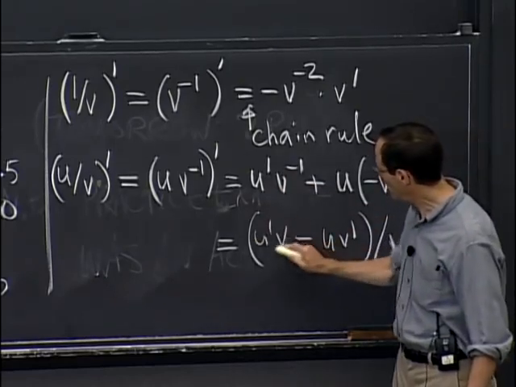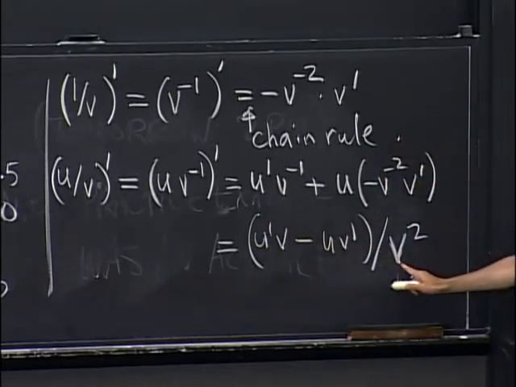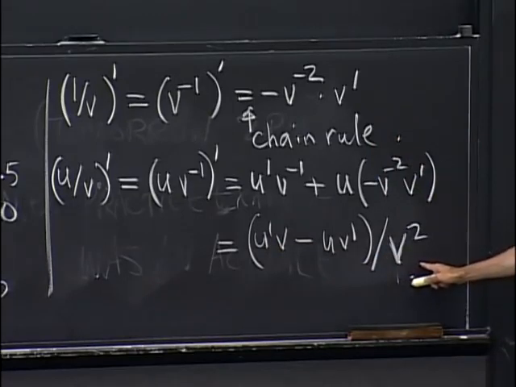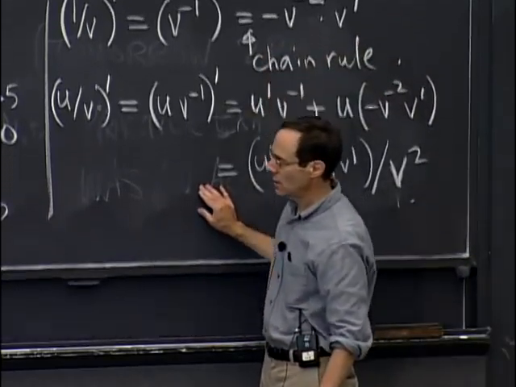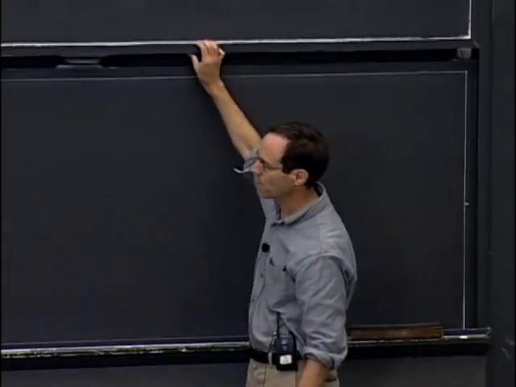So it's u prime v. All right, so this is the quotient rule as we wrote it down in lecture. And this is just another way of remembering it or deriving it without remembering it if you just remember the chain rule and the product rule. Okay, so you'll find that in many contexts it's easier to do one or the other.